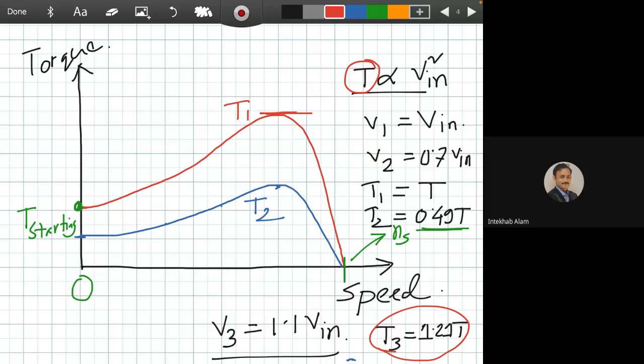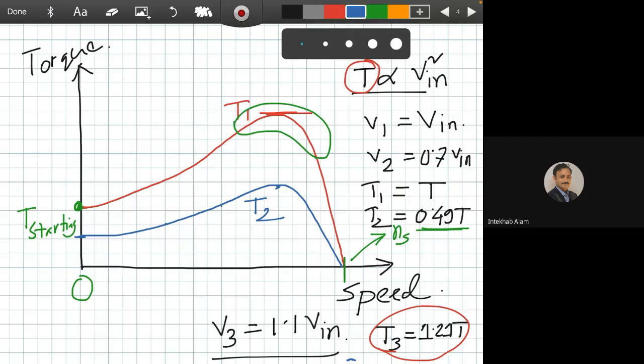Most of the motors we usually use up to this point, because after this point we call it the stalling point. I'm not sure whether you have studied this or not, because stalling means stop, not rotate.